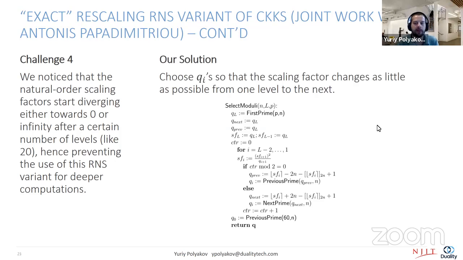So our solution for this was to choose these small primes qi in a way that the difference between the scaling factors for each level is minimal.